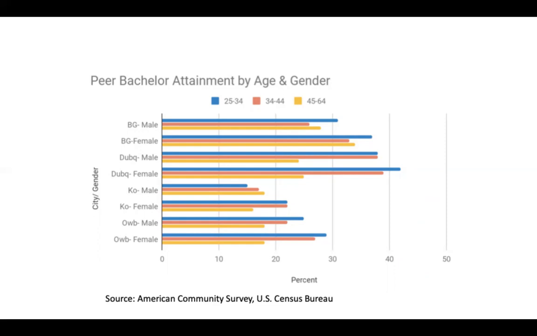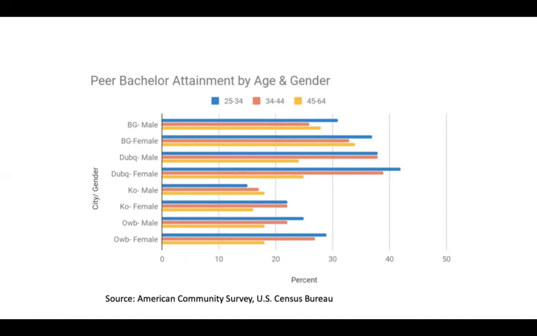And of course, you can see holding those younger people, very, very much higher levels of bachelor degree attainment among the younger crowd. You can see the communities like Kokomo and Owensboro that don't have the larger universities have a harder time holding their bachelor's degrees, but also see much larger differences between the males and the females.